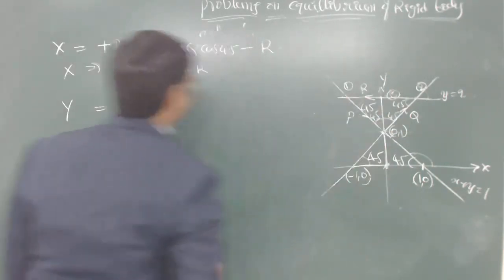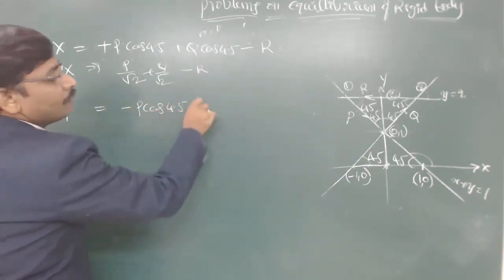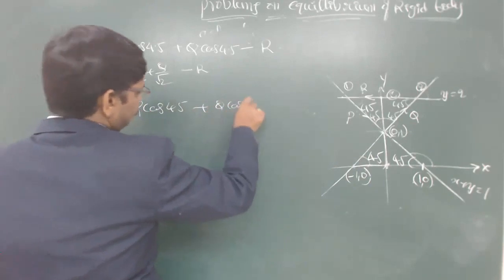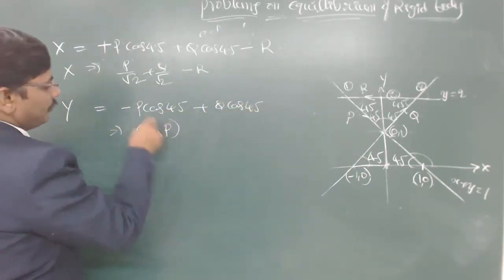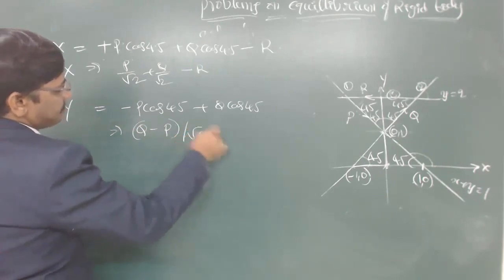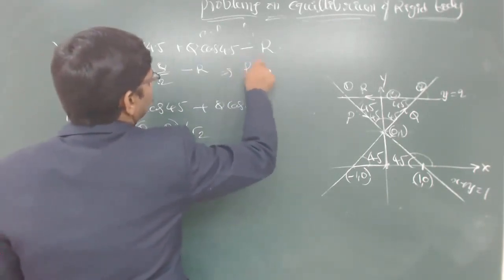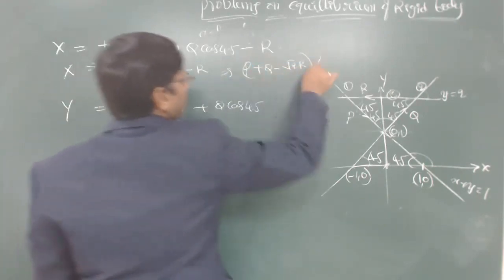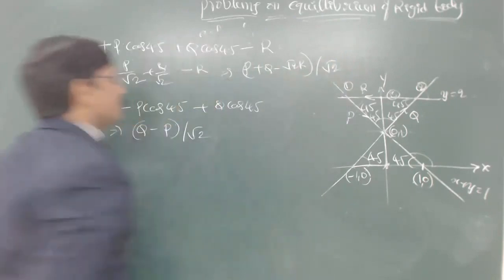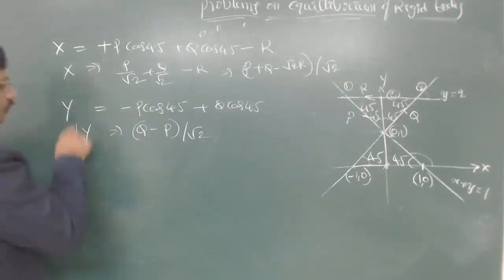So minus P cos 45 plus Q cos 45, that means Q minus P by root 2. So capital X is P plus Q minus root 2 R divided by root 2, and this is Y. We have got two different values.